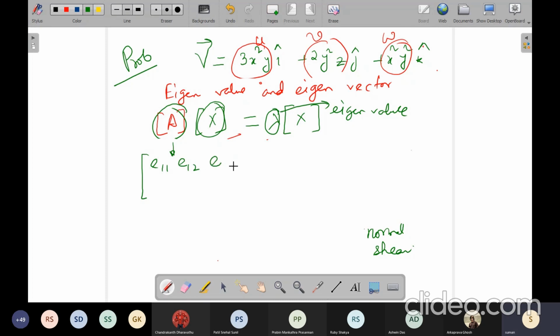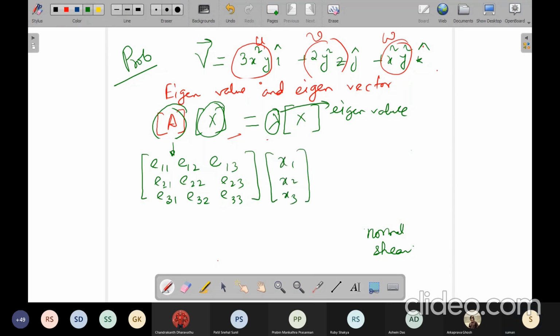So that Eij I am talking about. So this we multiply by x1, x2, x3 is equal to, now you have lambda x1, lambda x2 and lambda x3.